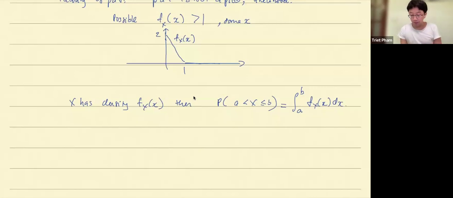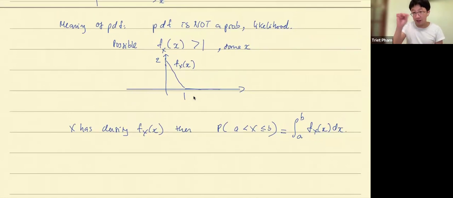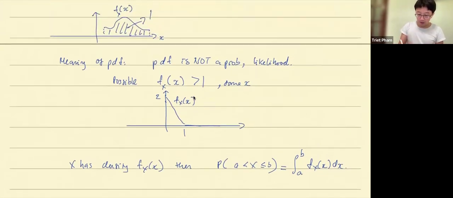Or if you take physics, that's exactly what density does. If you add up density, you get mass. So if probability is like mass, then PDF is like density in physics. It's the denseness of the material along the line. So if you have a one-dimensional wire, then this graph describes the denseness of the material along that wire.